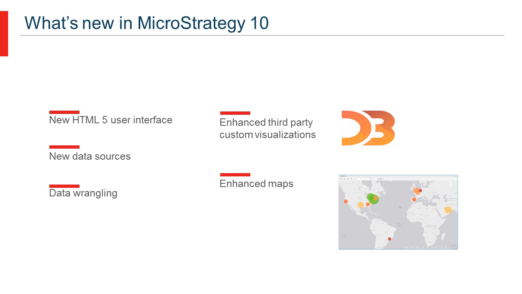And then, of course, my third favorite feature of MicroStrategy 10 is our data wrangling feature. This is exclusively new to MicroStrategy 10. You won't have this feature with anything before 10. What data wrangling does is allow end users to cleanse and parse their data on their own local machine without having to go to IT.